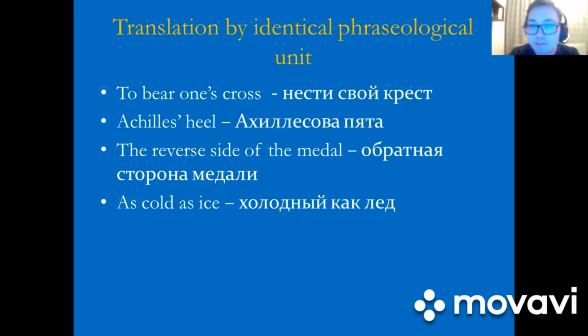So you can see that in some cases, translation of phraseological units is not difficult because we already have ready phraseological units that could be used in translation, because first of all, they have the same imagery, they have the same meaning, and they have the same coloring as here.